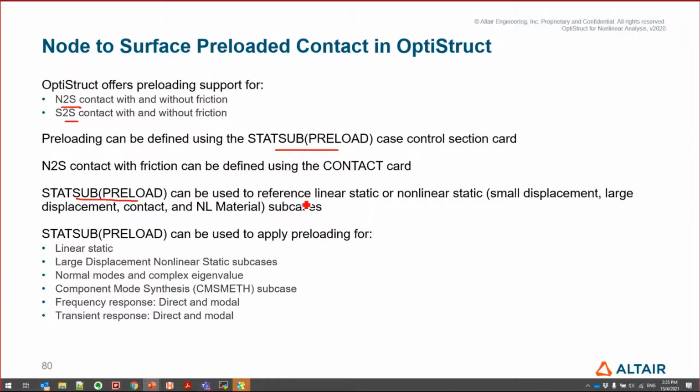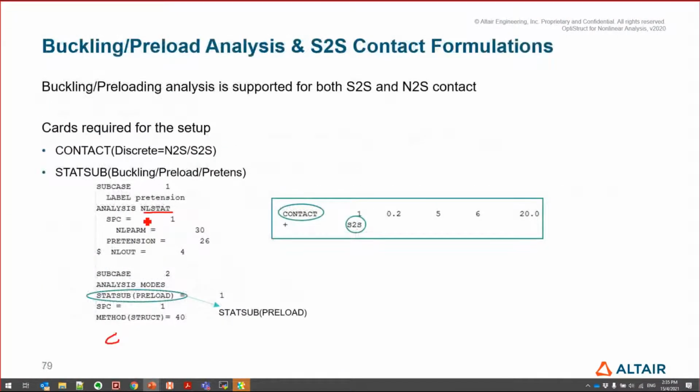So yeah, stat sub can be used to refer to linear or non-linear static, whether it's small, large displacement, contact, and so on. An example use case is something like this. First, you might have a large displacement, and there's also pre-tension here.